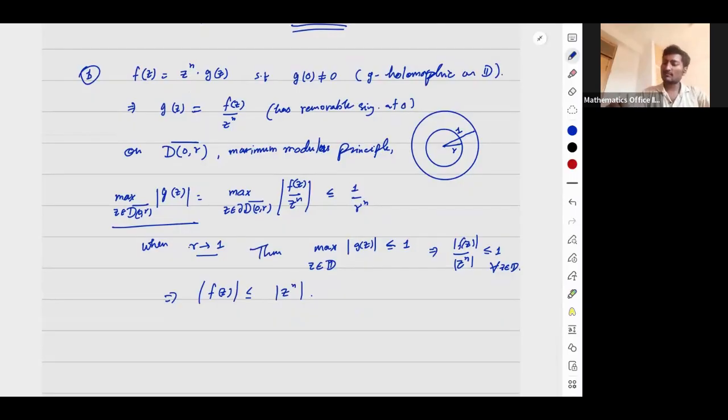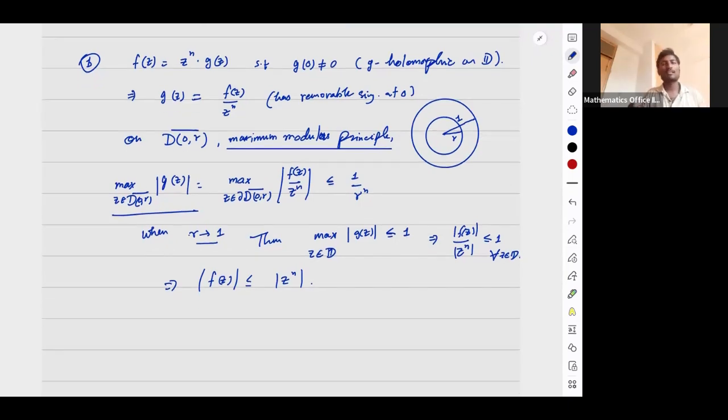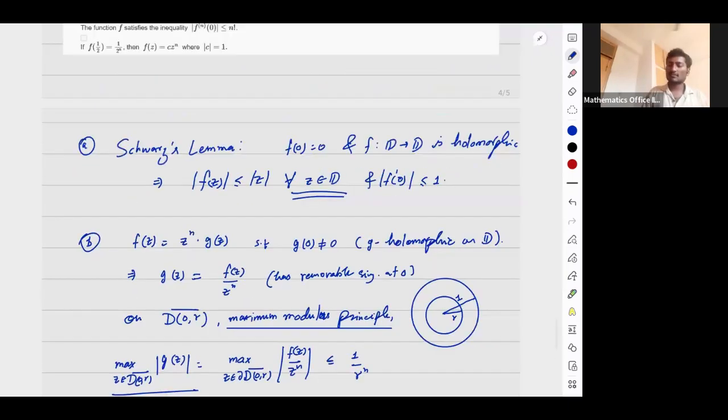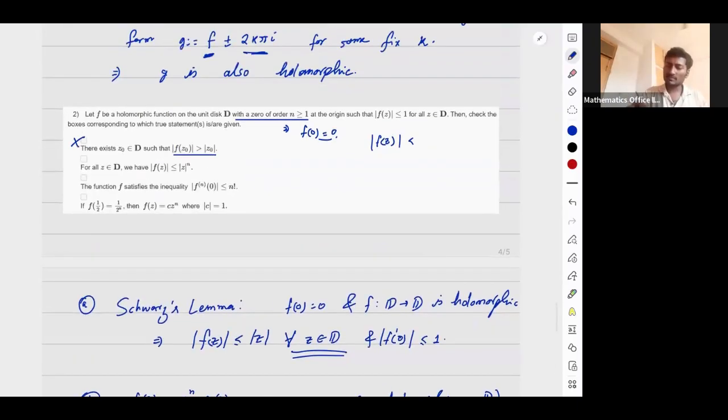We are just using the maximum modulus principle. So this is an important principle we have to remember because we are using it again and again, in various tricks here and there. So for part B, we have found our answer. This is correct. Now we are going to check part C.